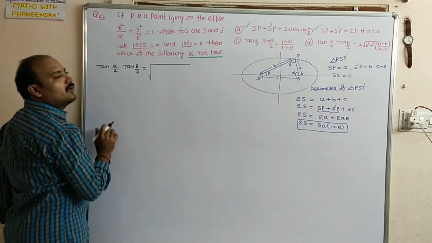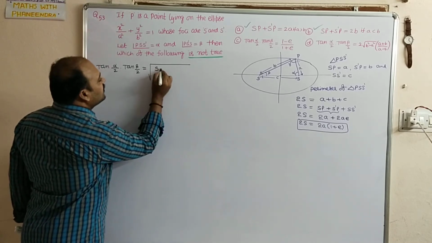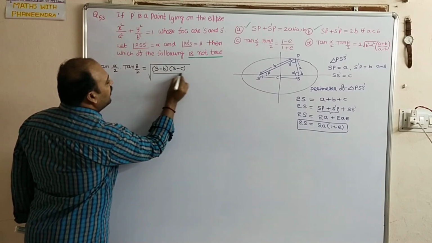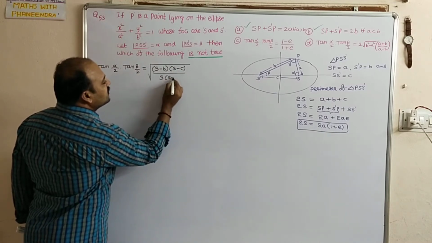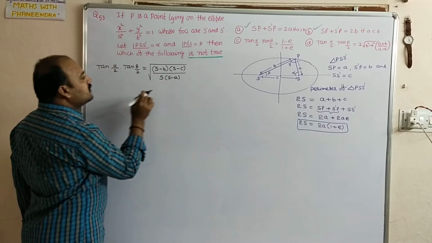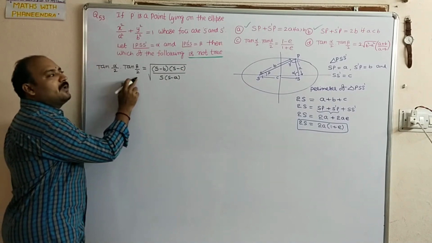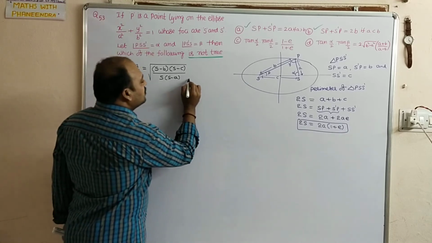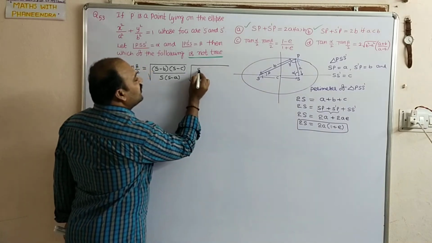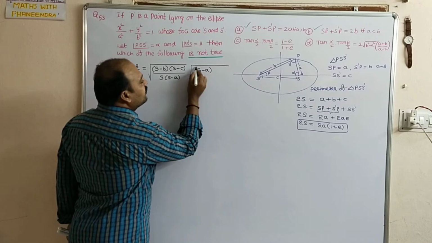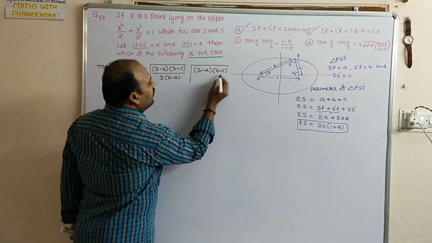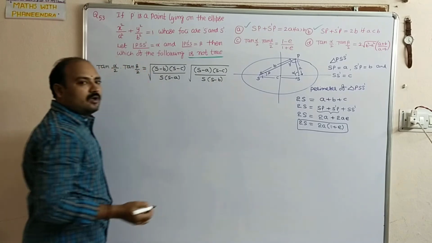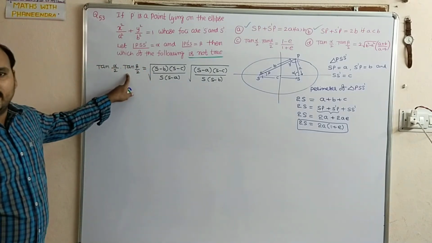Tan A by 2 formula we are writing: square root of S minus B into S minus C divided by S into S minus A. This is regarding tan alpha by 2. Tan beta by 2, whenever B angle will be there, square root of S minus A into S minus C divided by S into S minus B. This is the formula for tan beta by 2.